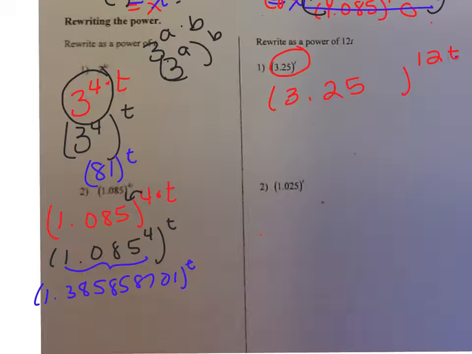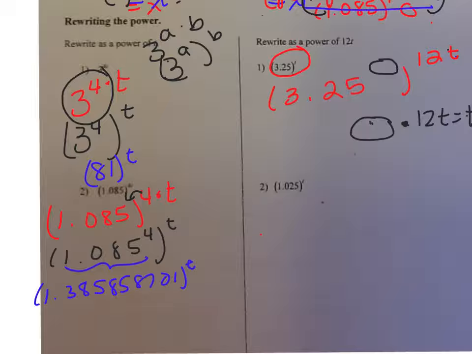And remember, this is multiplying here. So what could I put as an exponent here? Remember, when I have an exponent to an exponent, I multiply the exponents. So when I multiply this something times my 12t, I have to get t as an answer, because that's what I have here, 3.25 to the t power.